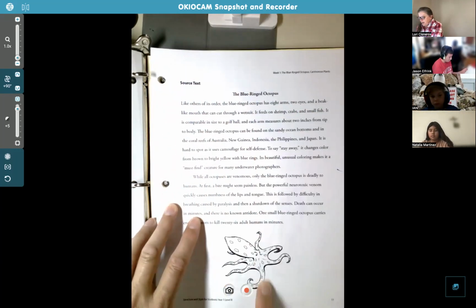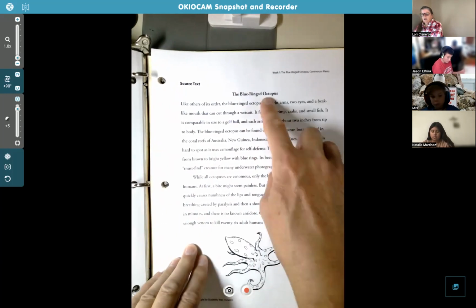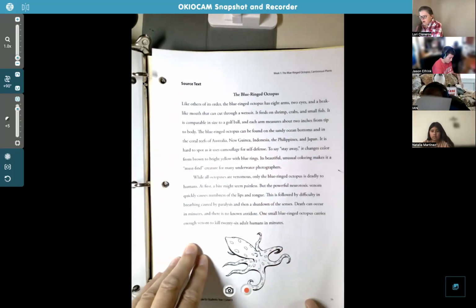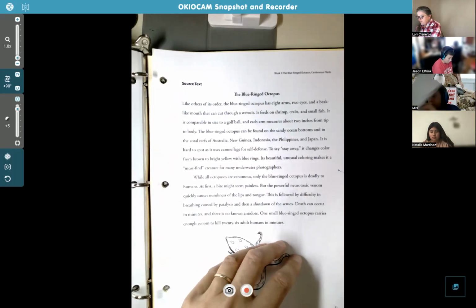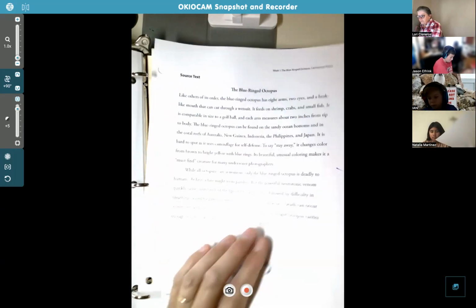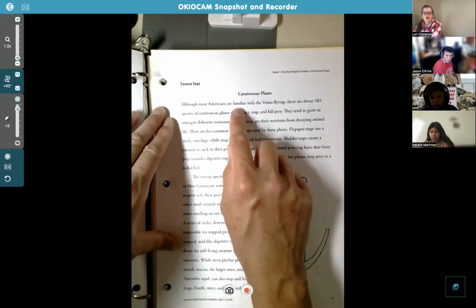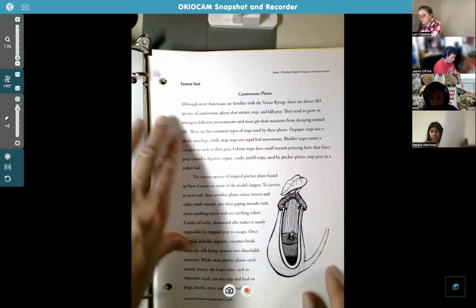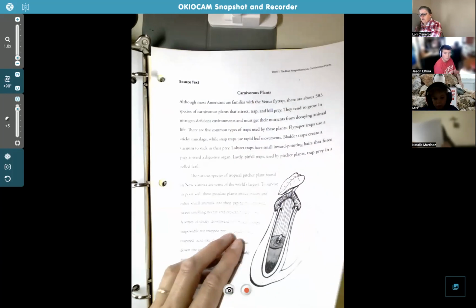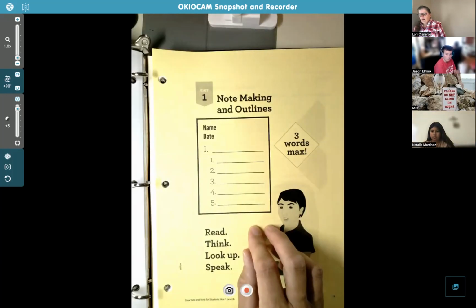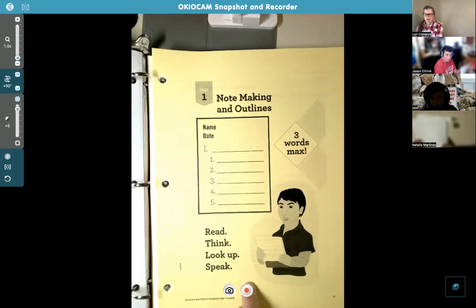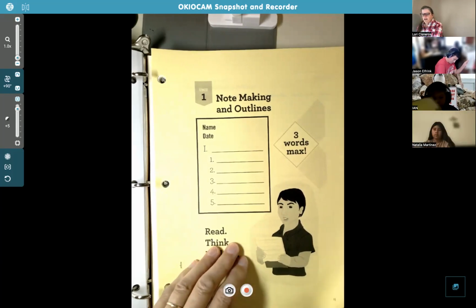Then you'll see this page, page 11, the blue ringed octopus. Take this out. Then page 13, this is carnivorous plants. Take that page out. And one more, the yellow page, page 15.